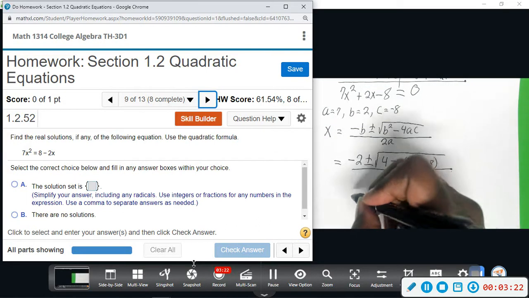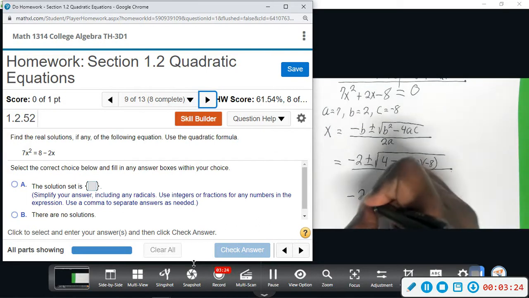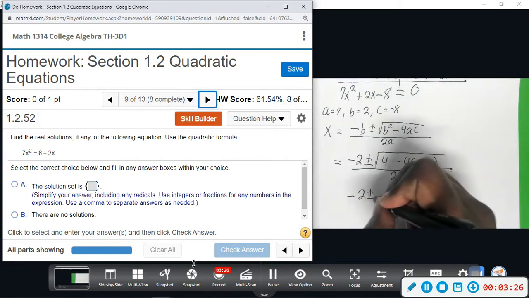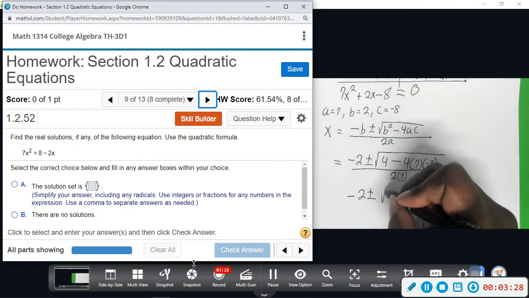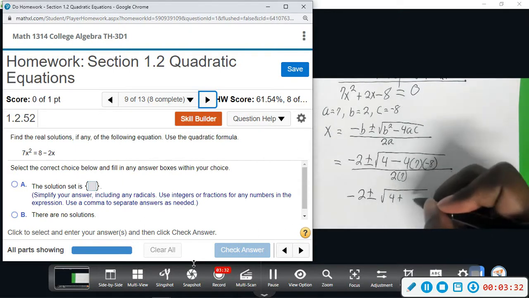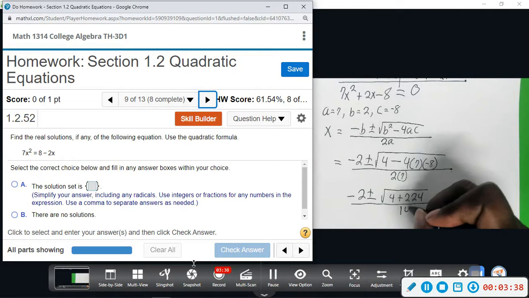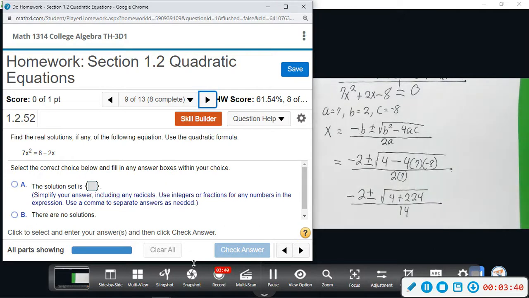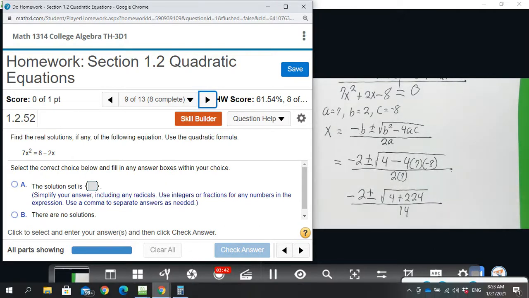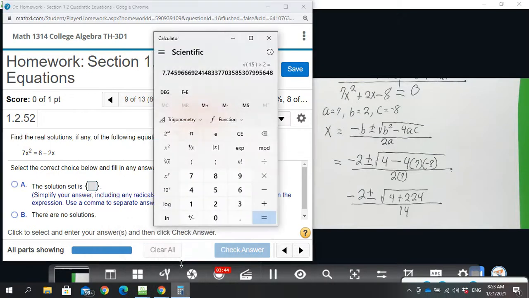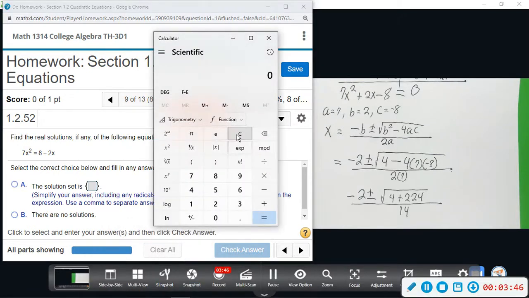Okay. So negative 2 plus or minus square root of 4 plus 224, all divided by 14. And just for the sake of caution, let's verify. We're going to do 4 times 7 times 8. 224.